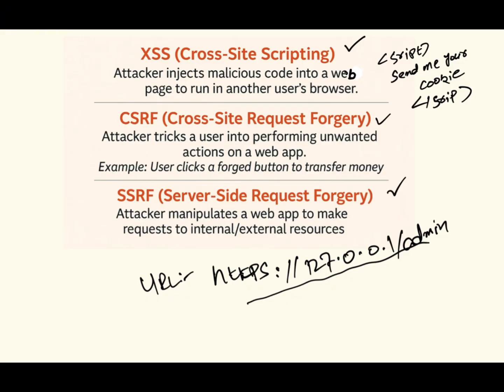The important thing I would like to highlight is that for server-side request forgery, it's very important that we sanitize all the inputs, right? We are not supposed to allow users to enter all types of input. That is very important.